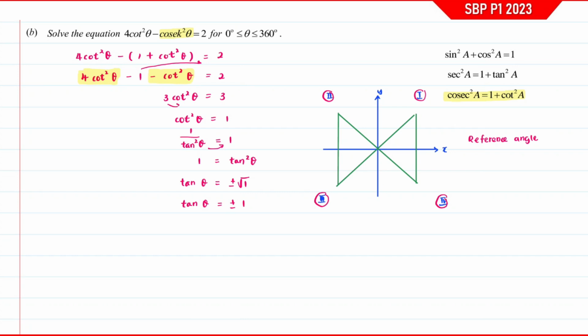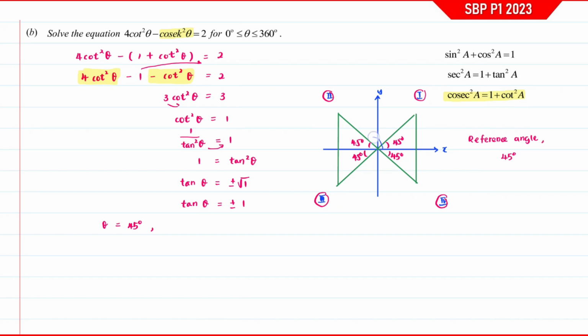So here the reference angle, when the tangent theta is equal to 1, the angle is 45 degree. Then the angle here, all of them will be 45. So the angle for the theta in the first quadrant will be 45 degree.